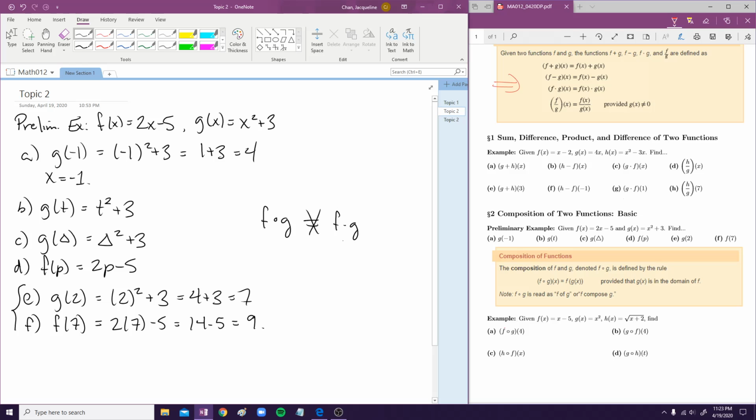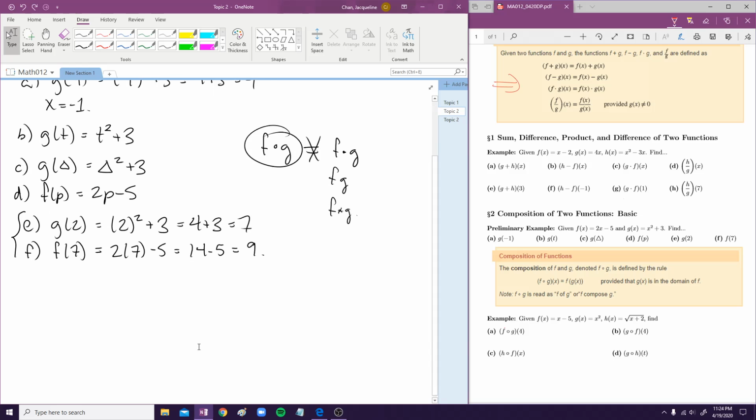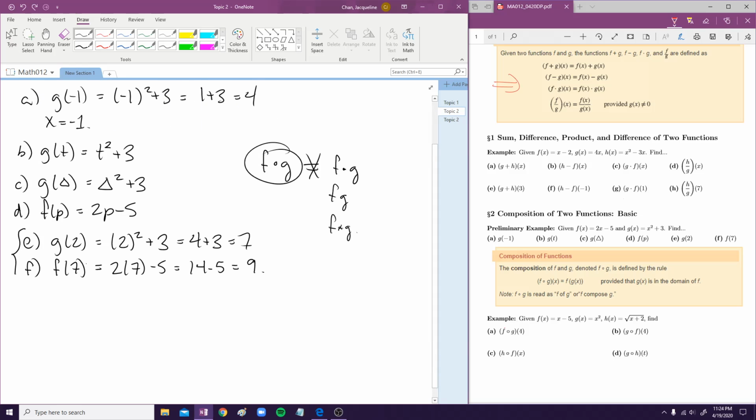So in this case, instead of doing a dot, you can still do f times g, it doesn't matter, but this is f of g. It's not this. I just want to emphasize that these are not the same. So how do we do a composition of functions? What we essentially did is I asked, what is f of g of 2?